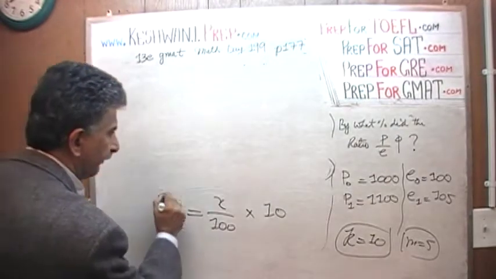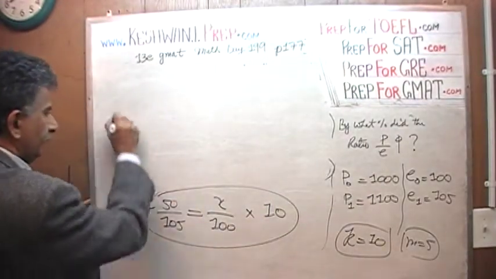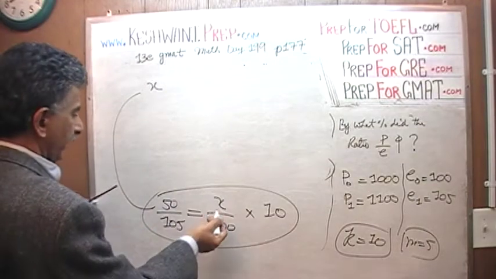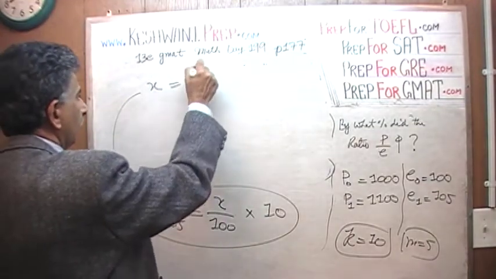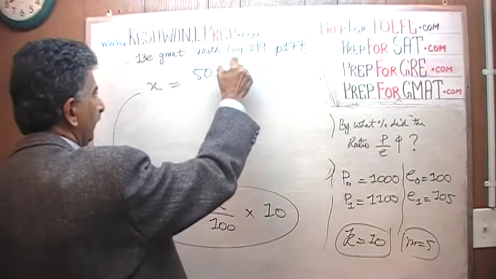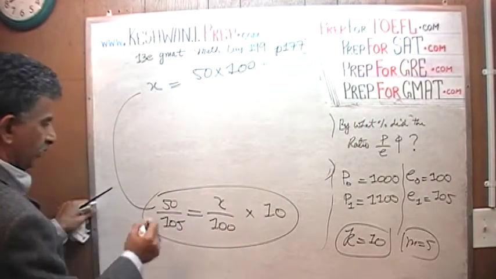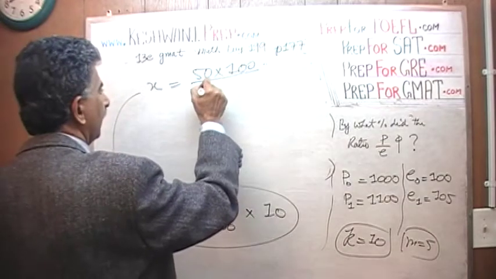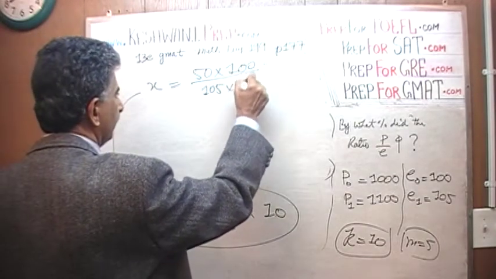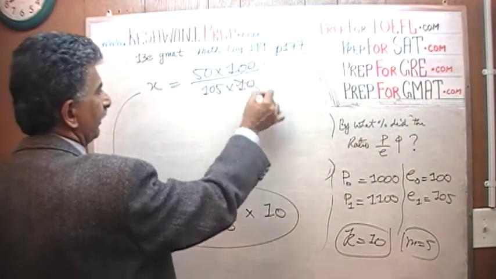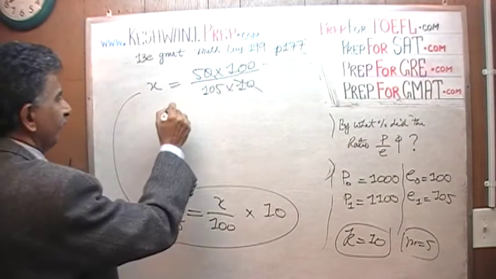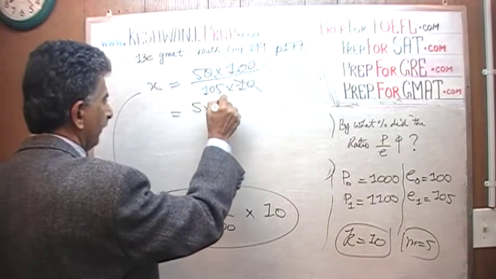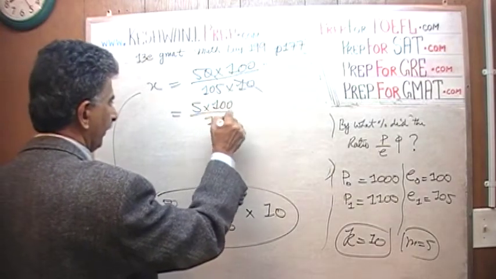I'm not going to do all the baby steps, I'm going to leave it up to you. x boils down to 50 times 100. This 100 is going to come on the other side, and then it's going to be 105 times 10. This 10 can cancel out, and on the top we are left with 5 times 100 over 105.